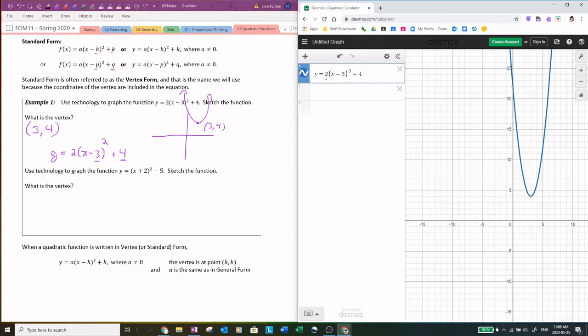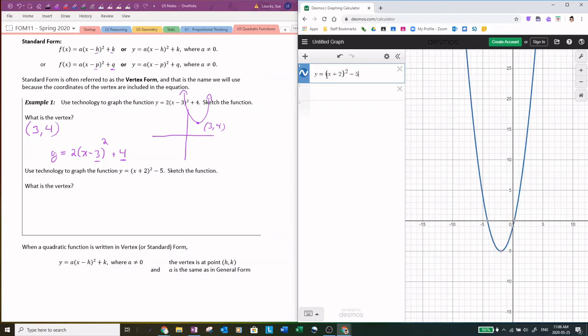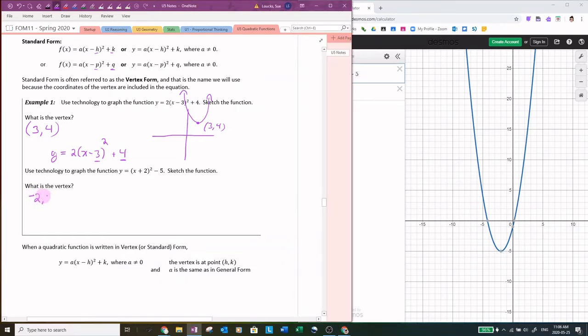y equals (x plus 2) all squared minus 5. And this time the vertex is (-2, -5). And I'll do my quick sketch. My vertex is down here.